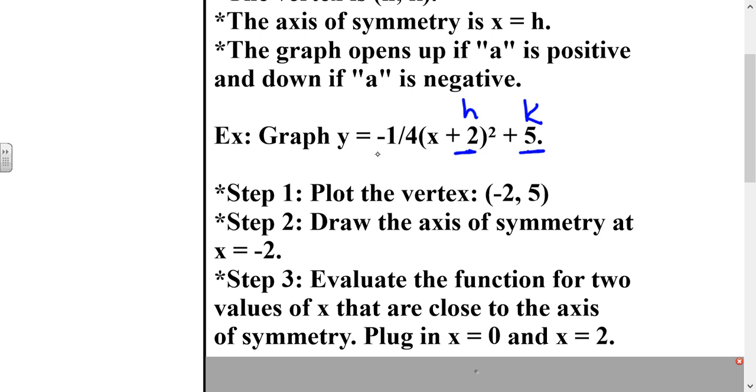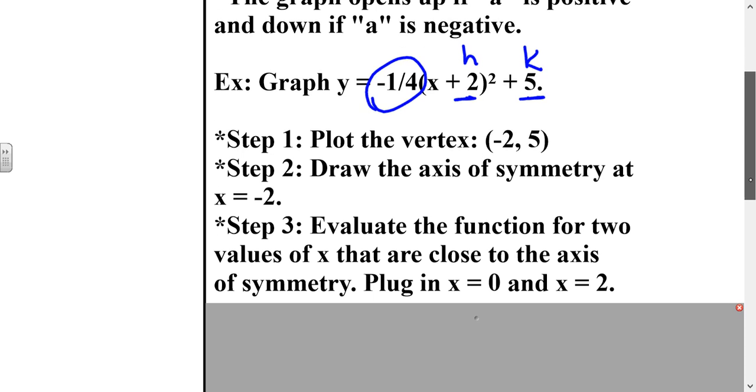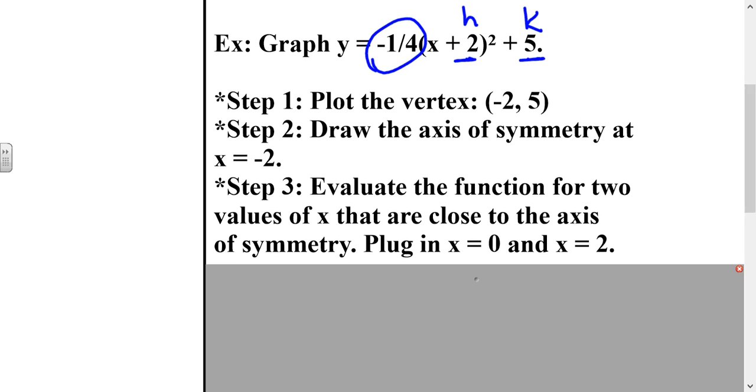Also, because we have negative 1/4, we probably want to plug in multiples of 2 or 4, or even numbers, so that this will come out to be even. I would plug in multiples of 4, but you might get large numbers. So we're going to plug in the next two even numbers on the right side of negative 2, which would be 0 and 2.